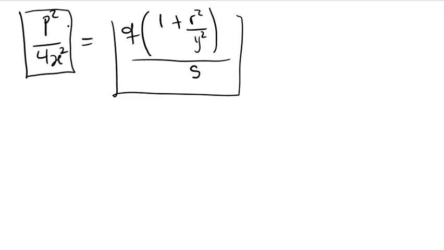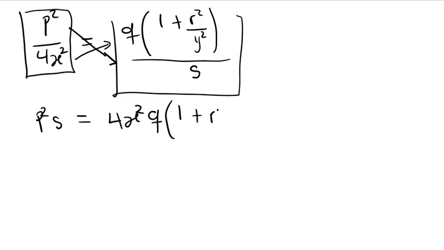In that case, this p squared is going to multiply the s, and the 4x squared is going to multiply the numerator here, that is the whole of q multiplying 1 plus r squared over y squared. So we are going to have p squared s being equal to 4x squared multiplying the q, all multiplying the 1 plus r squared over y squared.